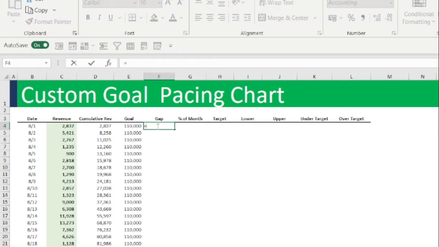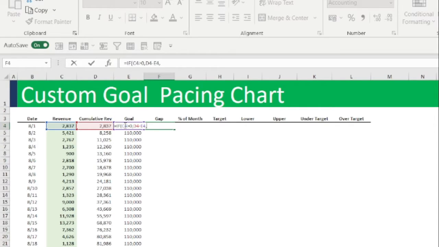So again, we shall have to test. If the revenue is input, then we can have the gap. If it is not input, then we don't need the gap. So this one will be equal to if the revenue is greater than 0 still, then let's have the gap, that is the cumulative minus the goal.